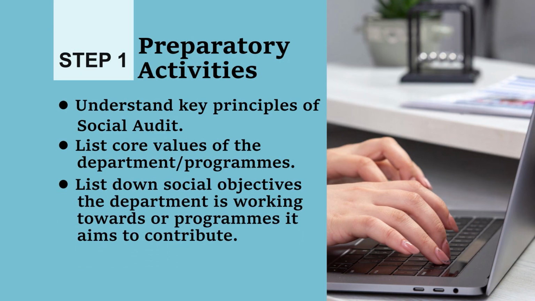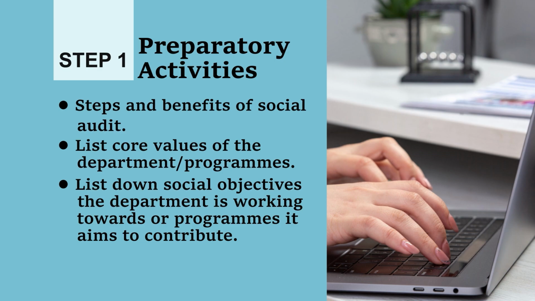Whichever programs one would like to social audit, whichever department is going to undertake the process, we must list the core values of the department and programs in which the social auditing is going to be conducted. List down the social objectives the department is working towards or the programs aim to contribute.